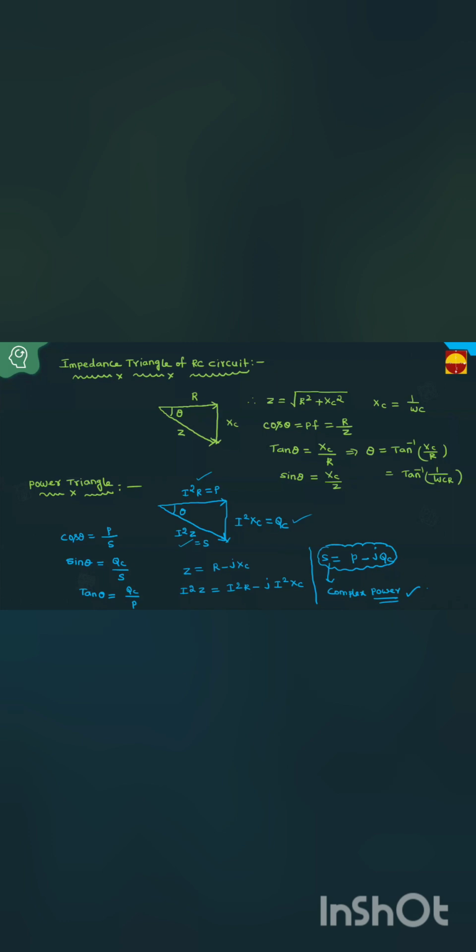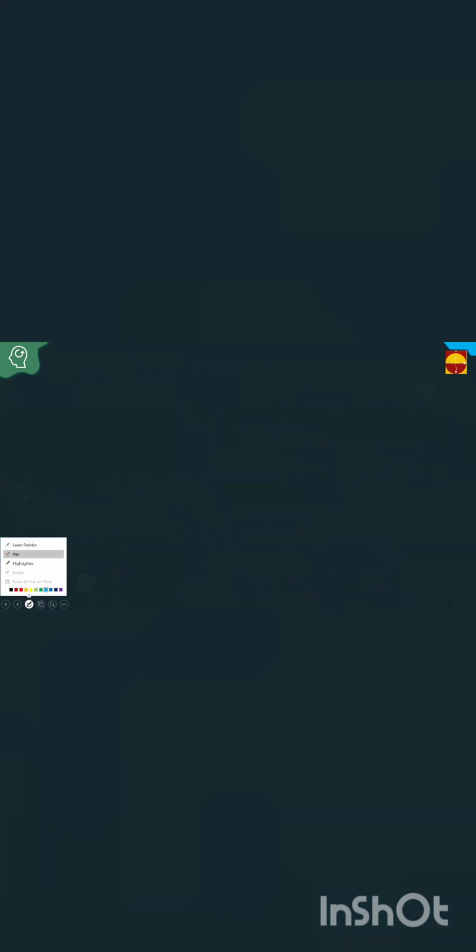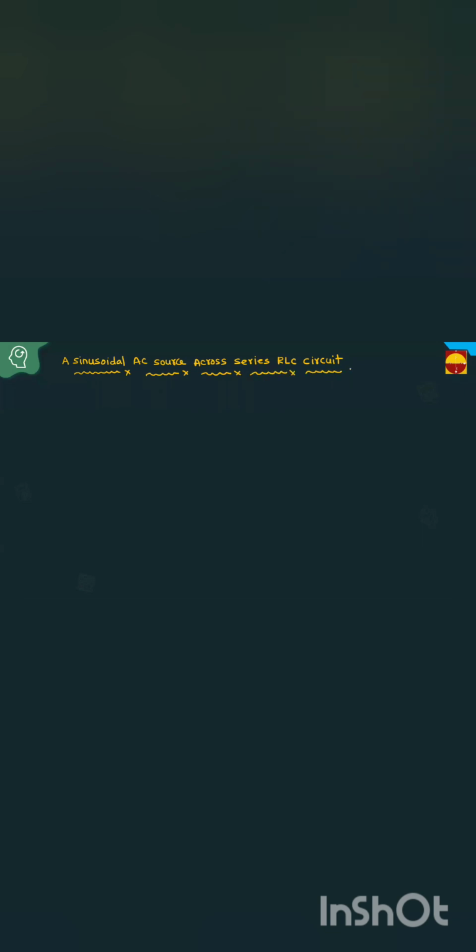Okay, this is about the phasor diagram, impedance triangle, and power triangle of the RC circuit. RL is completed, RC is completed. And one more important topic is a sinusoidal AC source across a series RLC circuit.